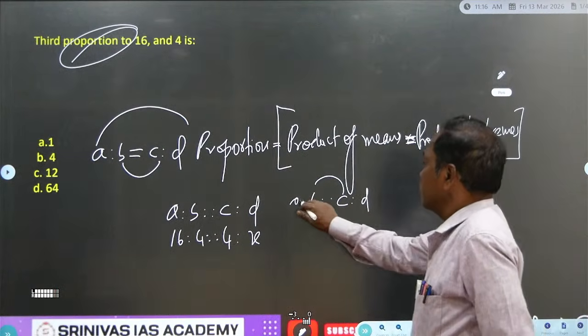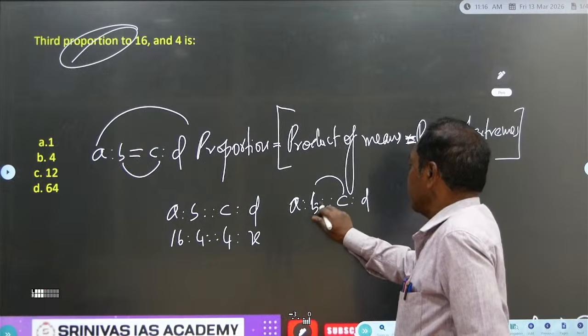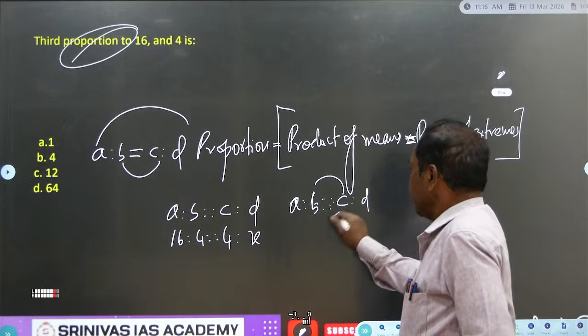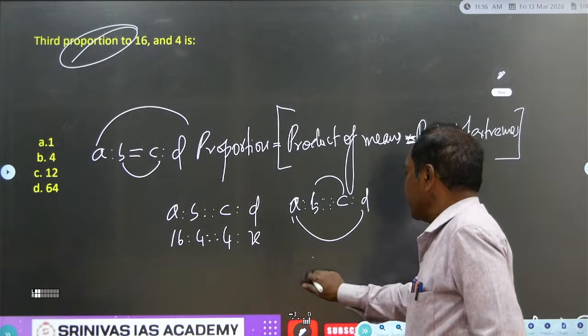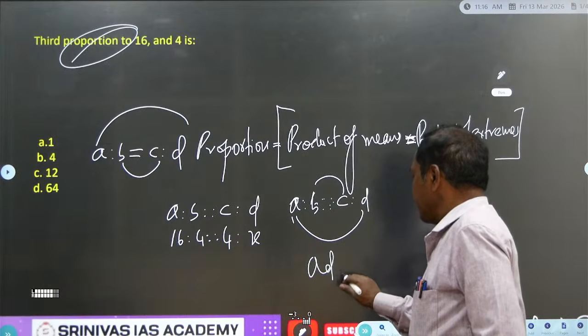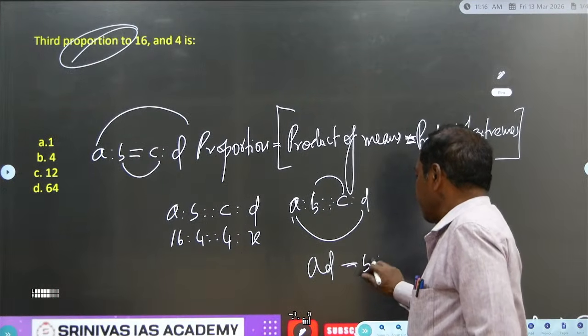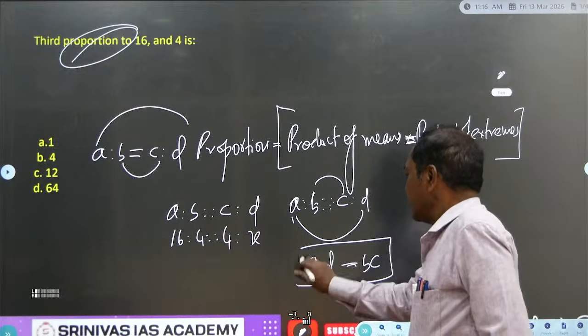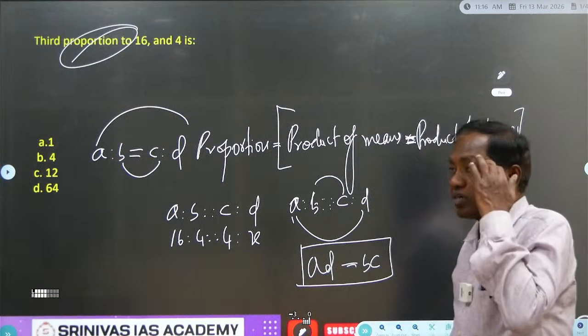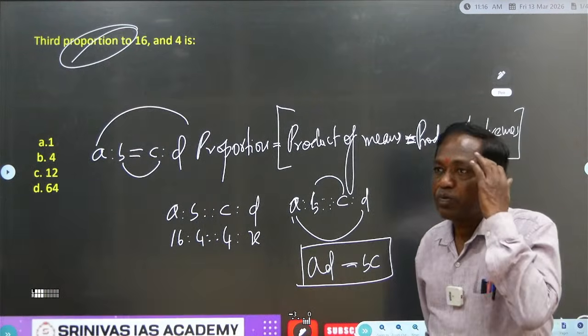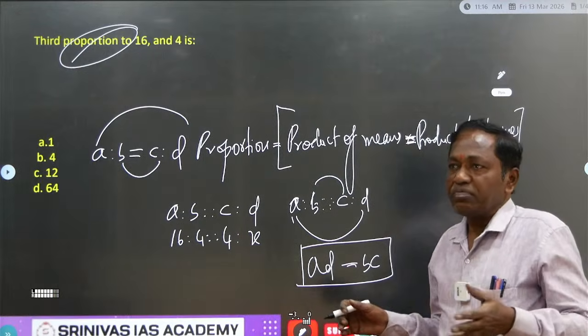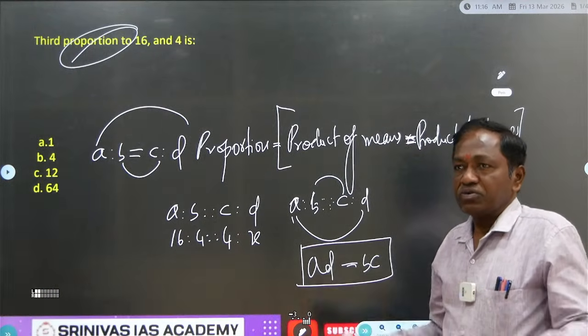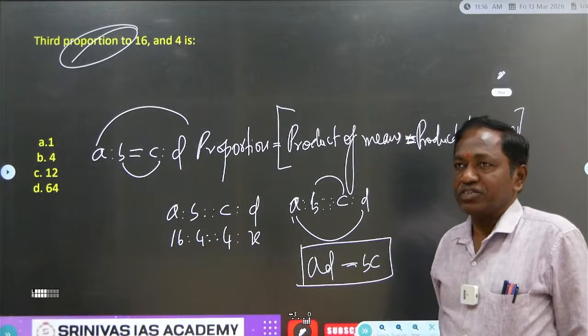So A is to B proportion C is to D. See now, A and D: AD is equal to BC. Product of means is equal to product of extremes, then it is in the proportion. If that is not matching, it does not qualify, it is not in proportion.